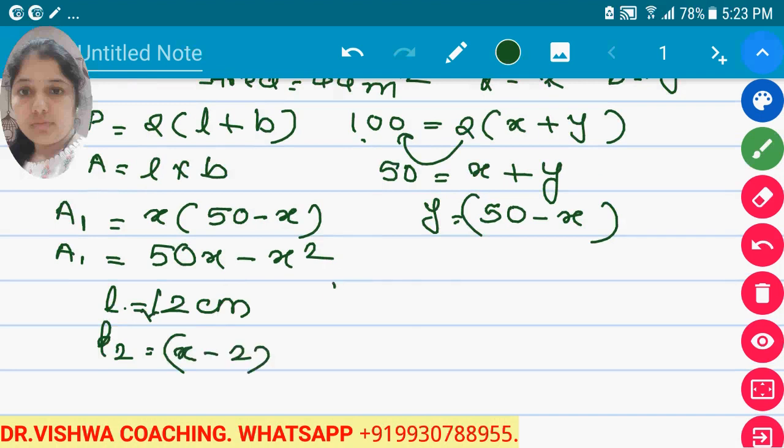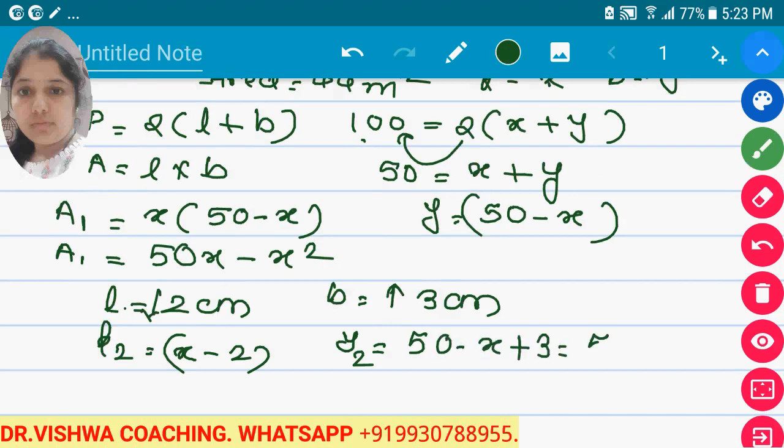Okay, and breadth is increased by 3 centimeter. So the new breadth will become y2 is equal to 50 minus x plus 3. So it will be 53 minus x. Now these are the new length and breadth.